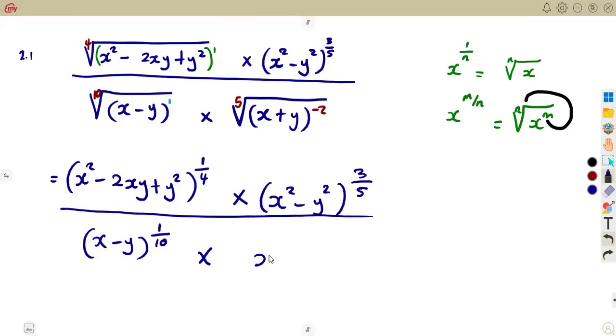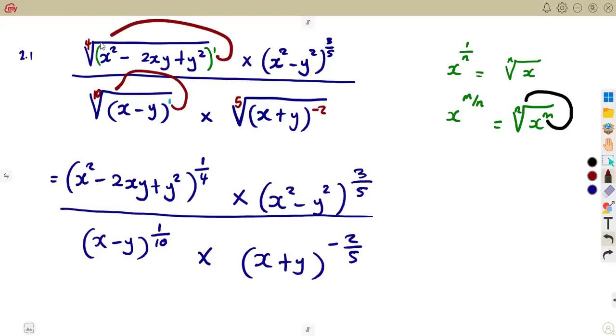So it means we have got x plus y to the exponent of minus 2 over 5. Minus 2 over what? 5. This is the same application here. 1 over 10. 1 over what? Over 4. That is the same application. So this is where we are. We managed to get rid of these roots that we had and exponents.